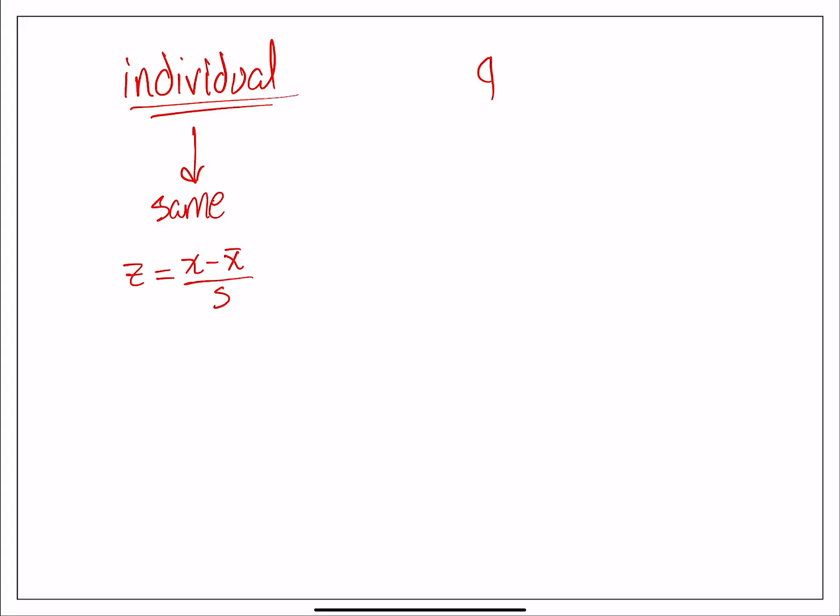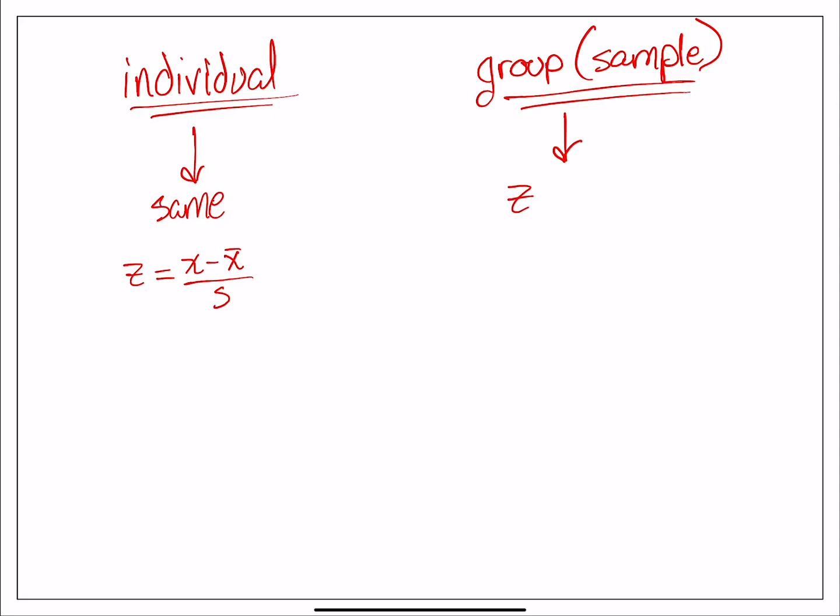But when we're looking at a group or a sample, things change. Here, instead, our z-score is different. The whole process is the same. The process doesn't really change. The only difference is we use a different z-score.